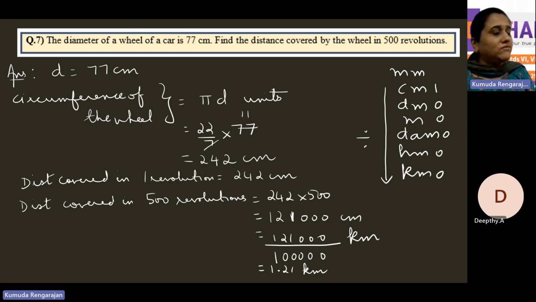So pi d will get the circumference, and circumference is nothing but the distance covered by the wheel of the car in 1 revolution. So in 500 revolutions, multiply by 500. And the answer is too big for centimeter, no? It's 1,21,000 centimeter. So we convert it to meter or kilometer. You can also convert it to meter or kilometer.